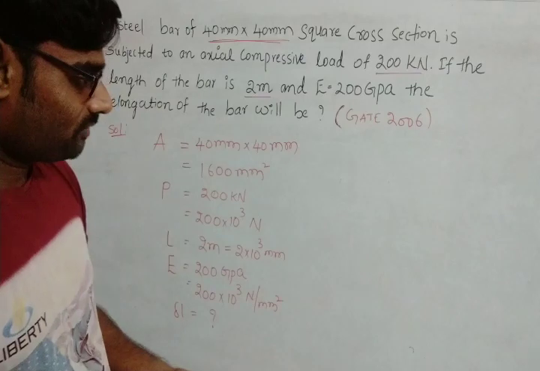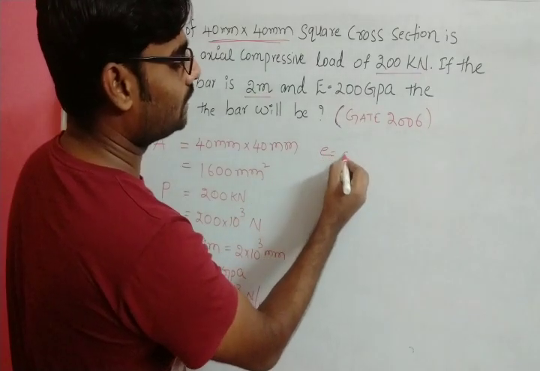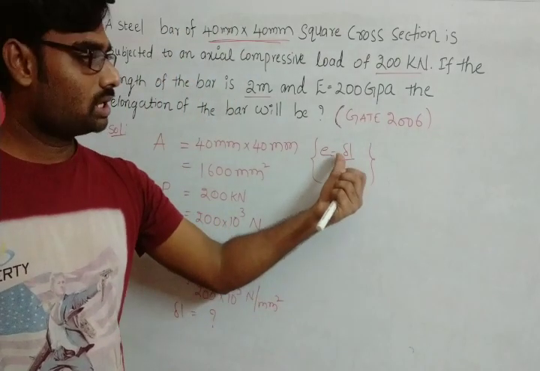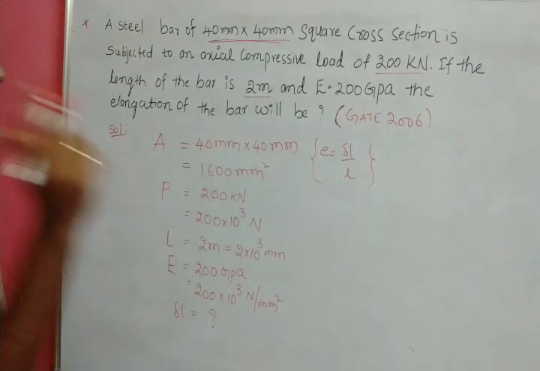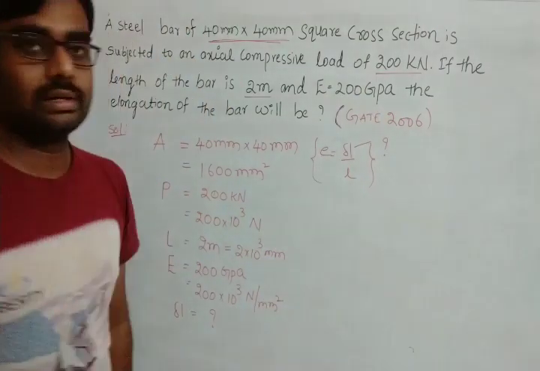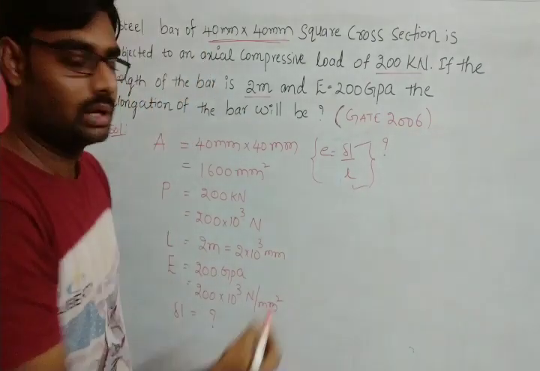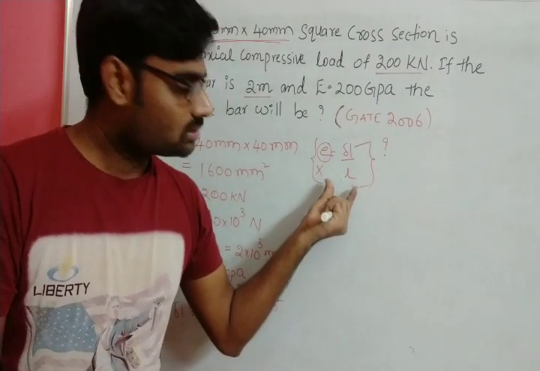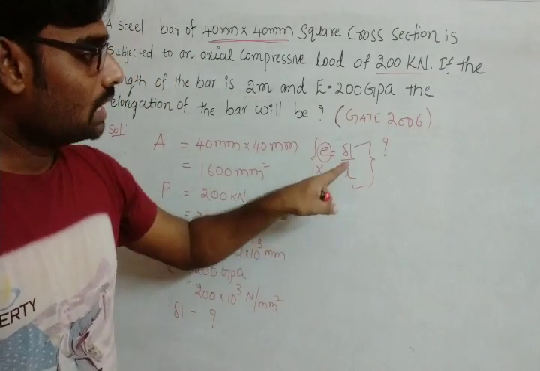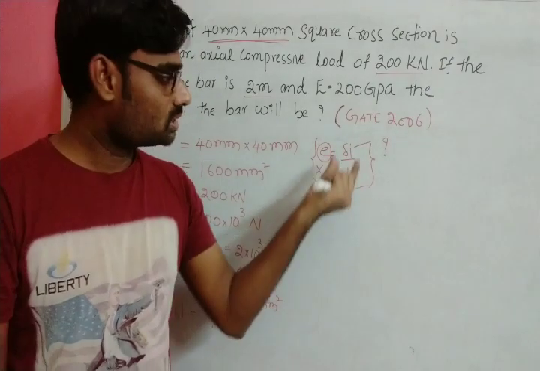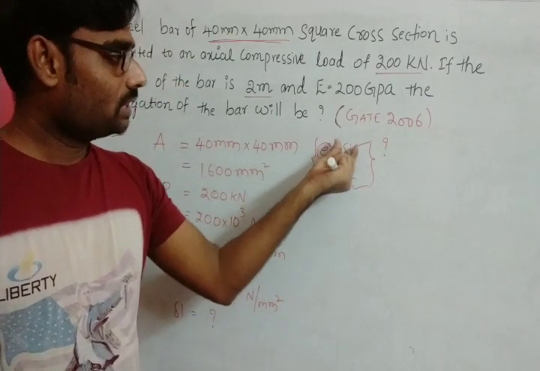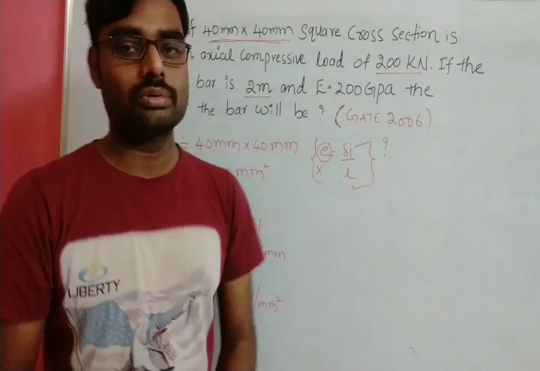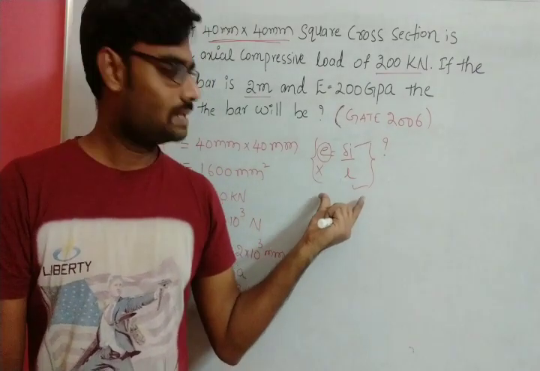We know one formula, strain equal to delta L by L. Delta L is unknown and strain is not given, so two values are unknown and we cannot find it from this relation. If strain were given in the question, you could directly use this formula.